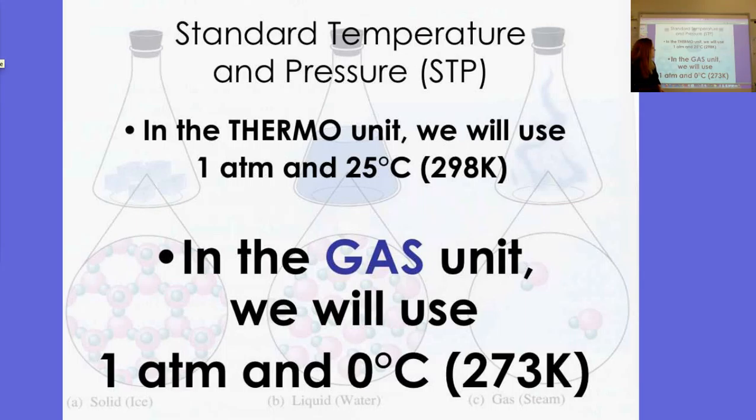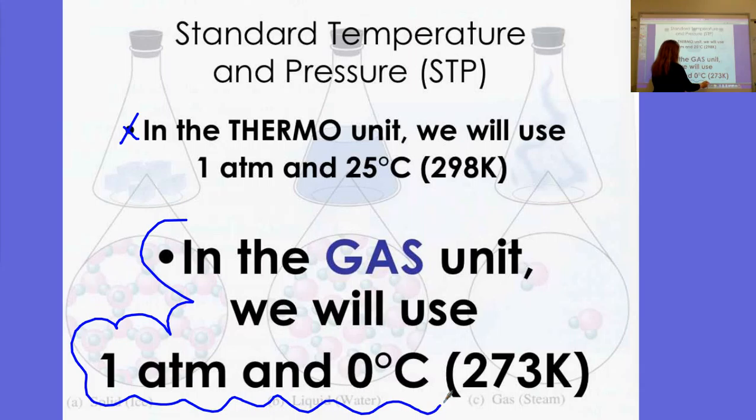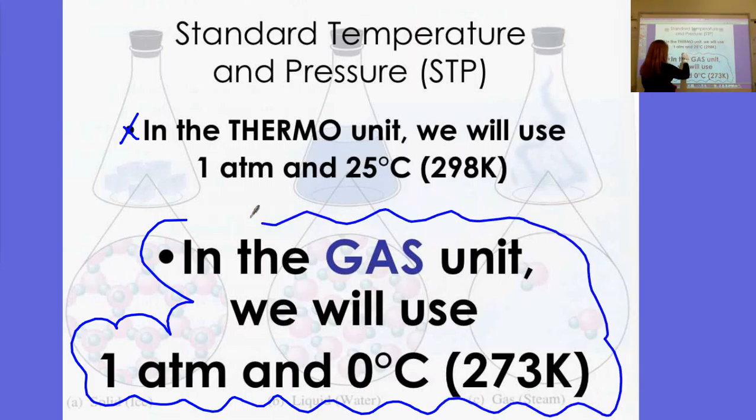So here's our standard. Next unit, we're going to change our standard. So this one isn't valid right now. But in this unit for gases, you must remember this. The standard is 1 atmosphere and 0 degrees Celsius.